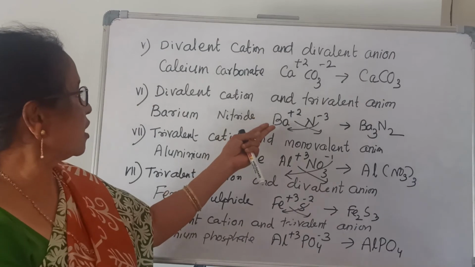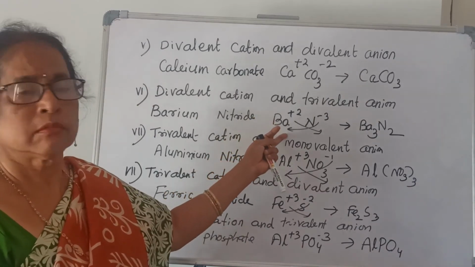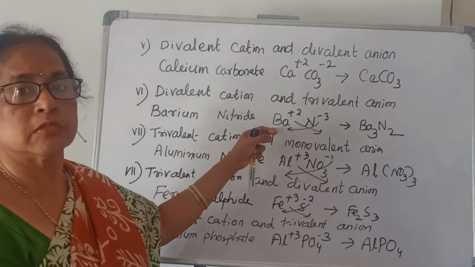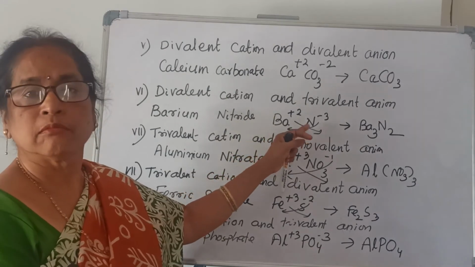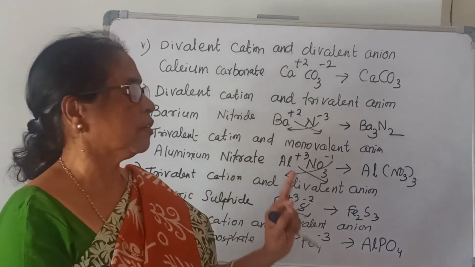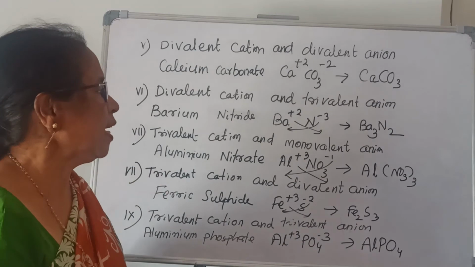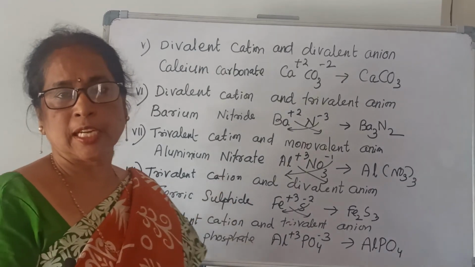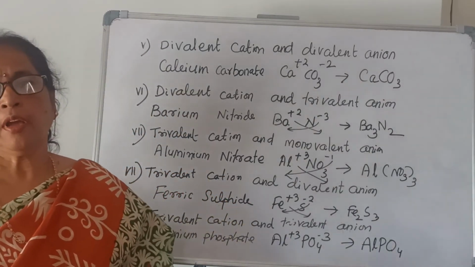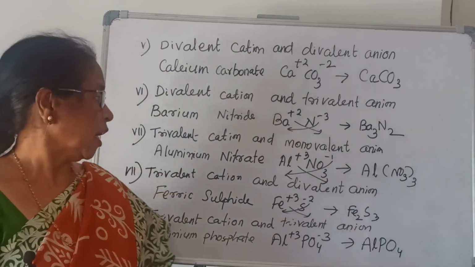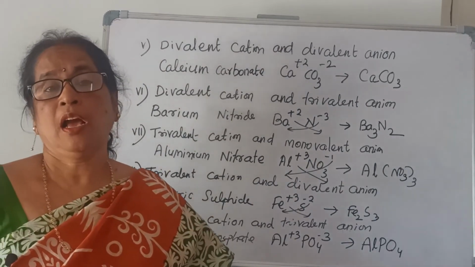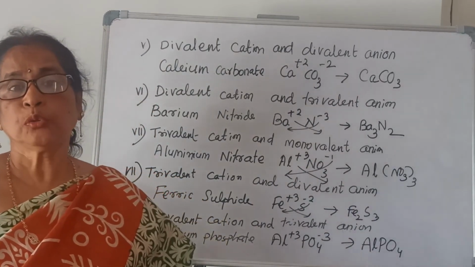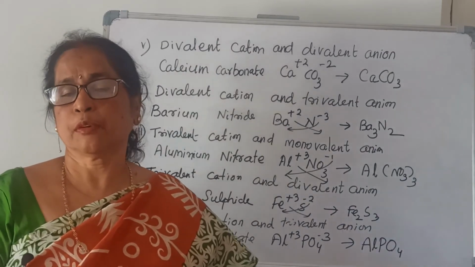Now example, you can see this example, barium, that is your cation plus 2 divalent cation, N minus 3, that is trivalent anion. So the formula Ba3N2. I hope it is clear. It is one of the important forms of how to write the formula of different compounds.